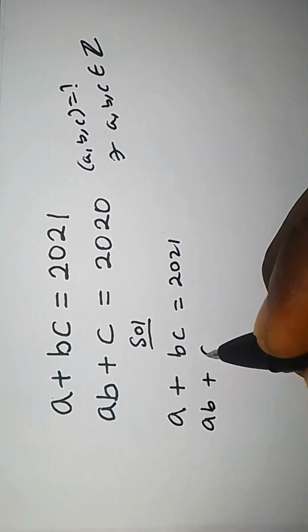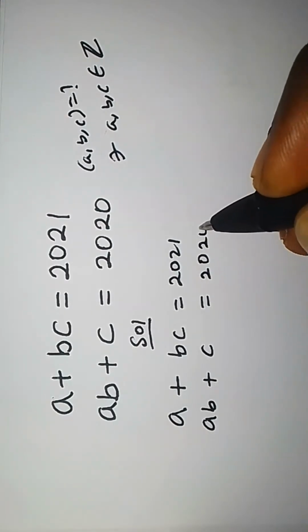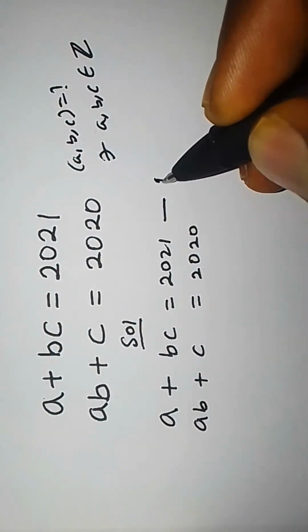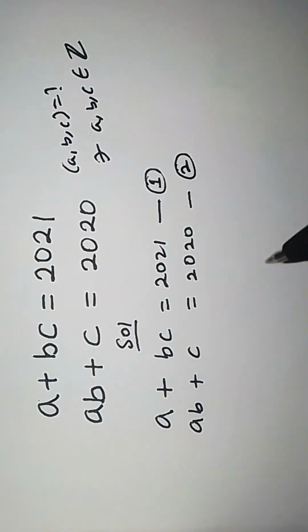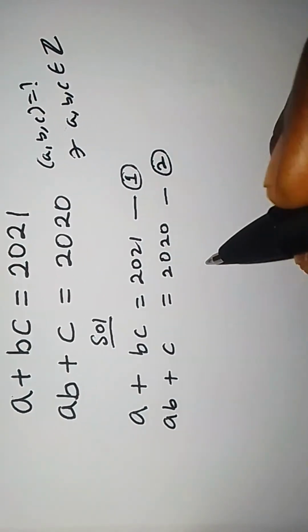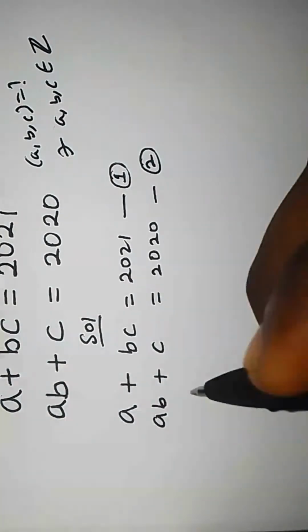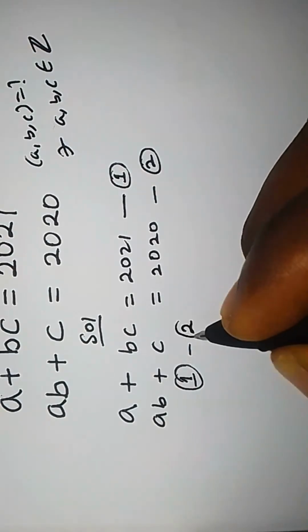AB plus C equals 2020. Let's call this equation 1 and this equation 2. The first thing we are going to do is to subtract equation 2 from 1, equation 1 minus equation 2.